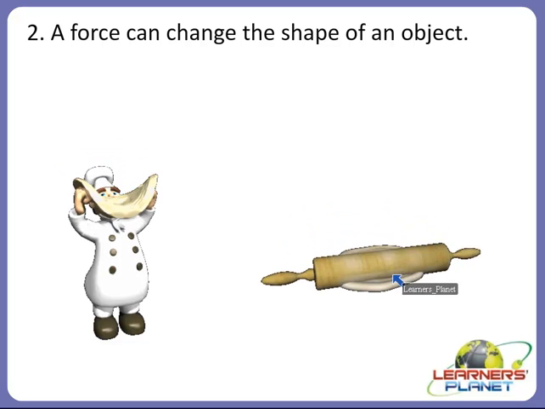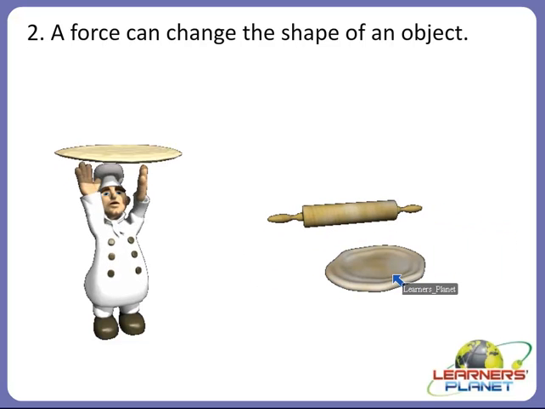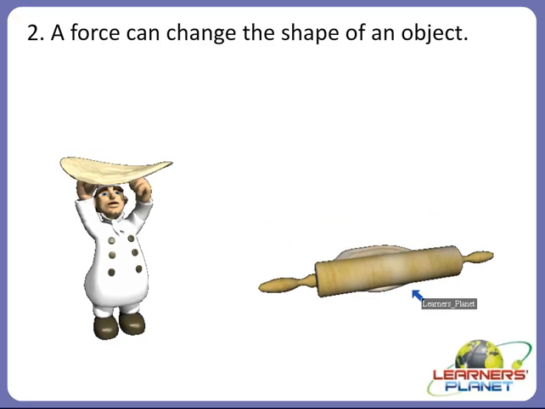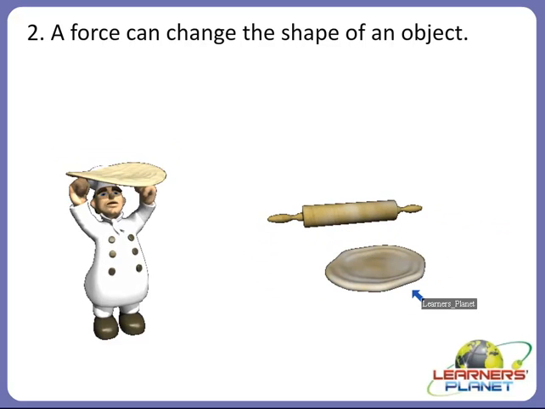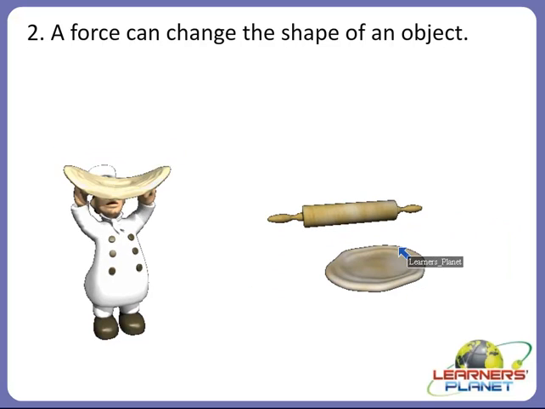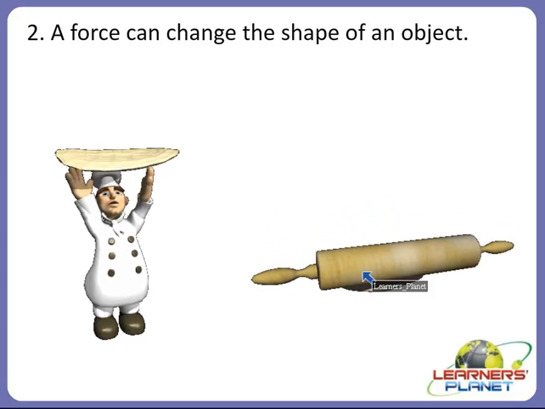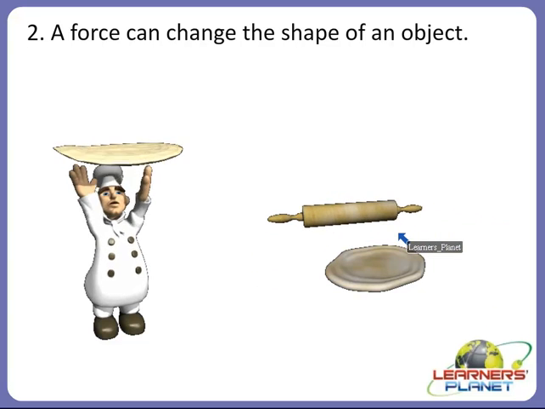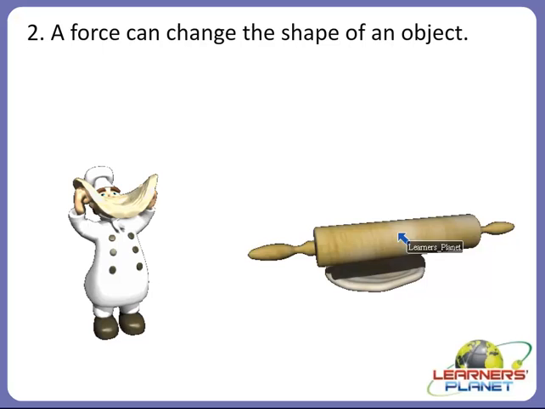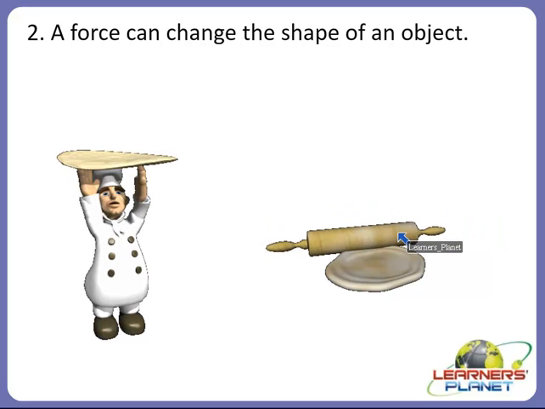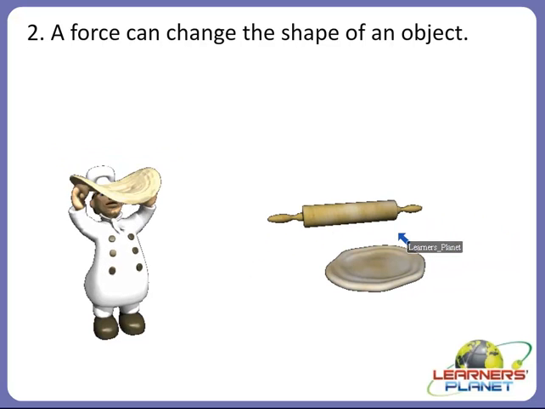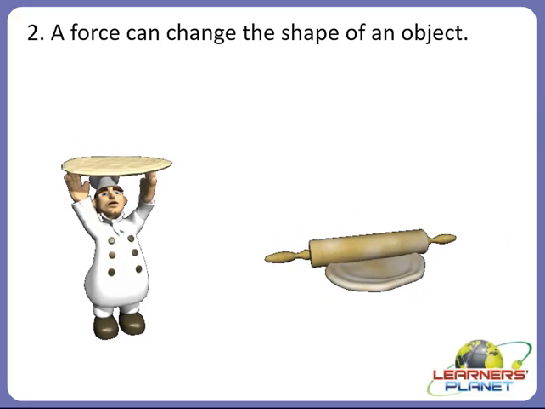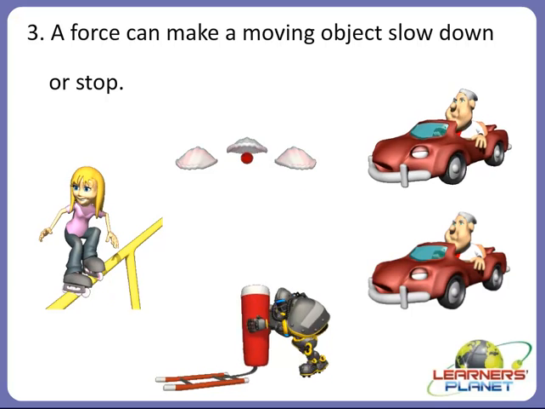Here you can see when force is applied on a small piece of dough, what happens? Yes, it changes into such a shape. So what we can say, that a force can change the shape of an object. While making chapatis, the force applied by the hands changes the shape of the dough.